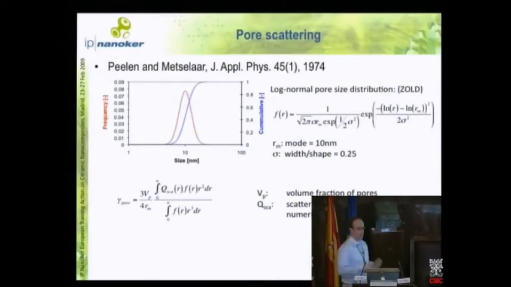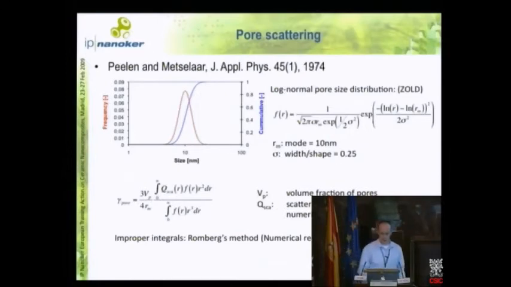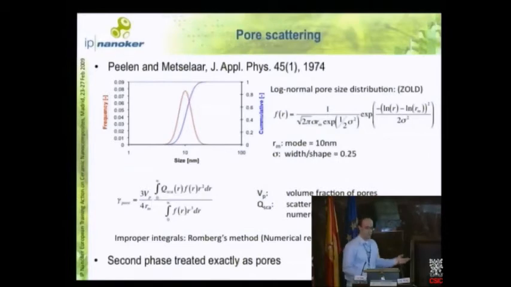It looks quite easy, but it's nasty to do on a computer because we have these improper integrals. However, there are methods which one can find in Numerical Recipes, so we can integrate these numerically. The nice thing is, second phases we can treat exactly like pores. We just put in a different refractive index, and that's it.